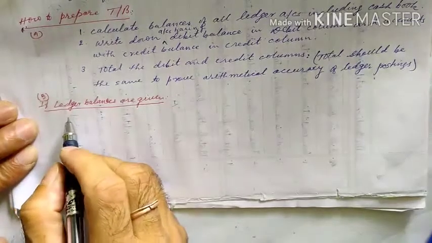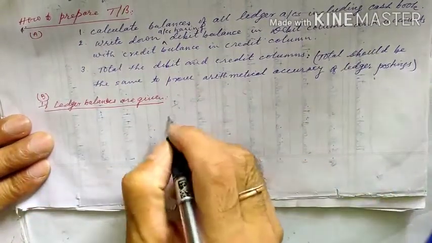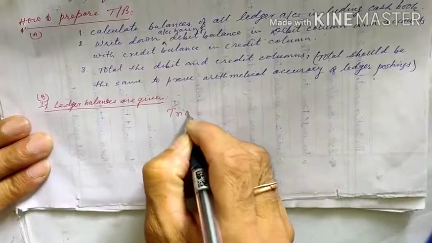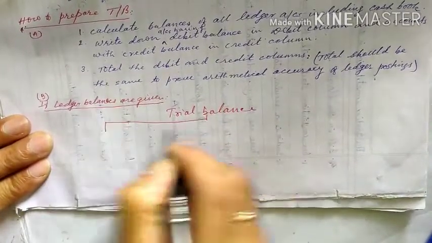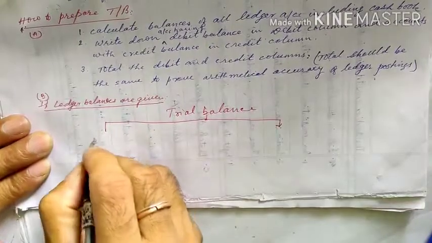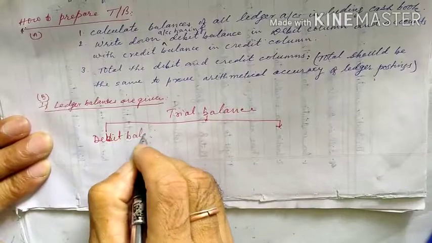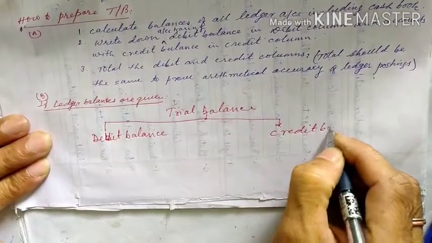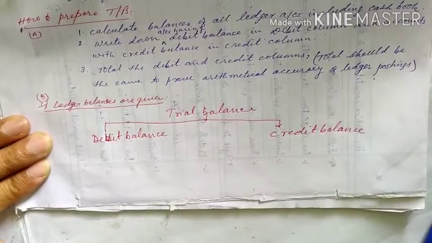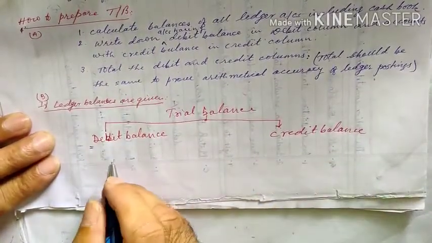Now if ledger balances are given, then how do you prepare a trial balance? In a trial balance, you take two balances, the debit balance and the credit balance. So the debit side or credit side, you can say.